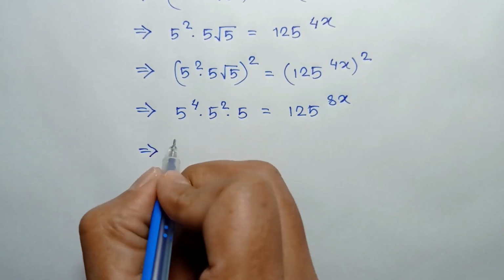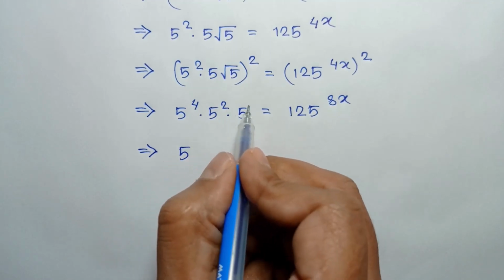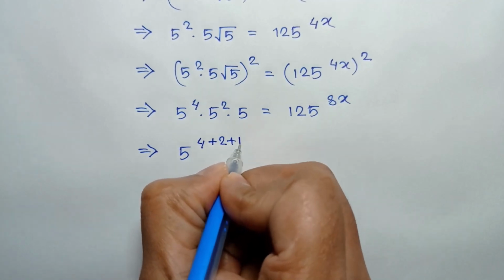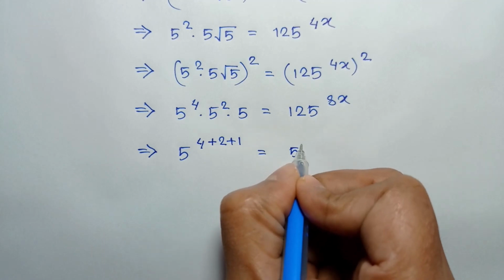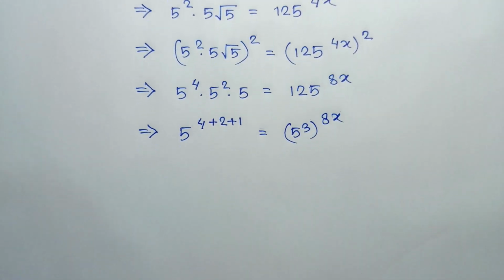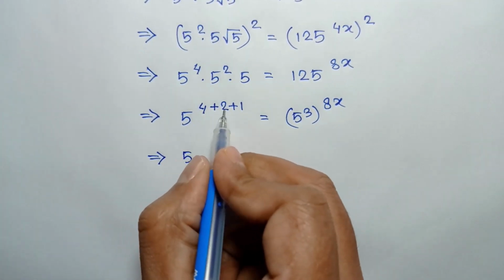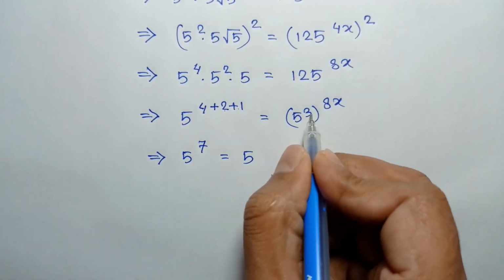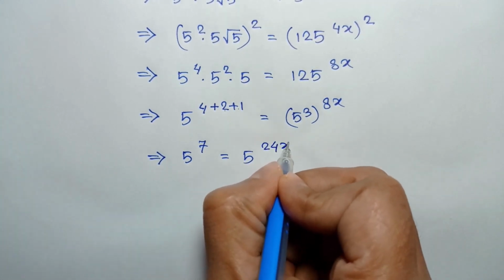According to the exponential rule, 5^(4+2+1), so 4 plus 2 plus 1 is equal to 125, which can be written as (5³)^(8x). So 5 to the power 4 plus 2 plus 1 is 7, equal to 5 to the power 3 times 8x, which is 24x.